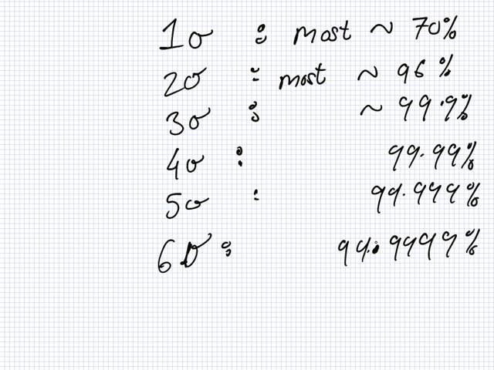It doesn't actually approach 100. You could still have data that has 1 point outside of your plus or minus 6 standard deviations.